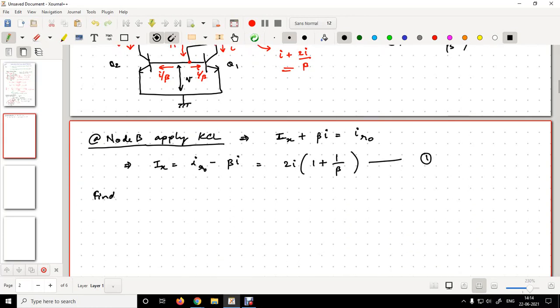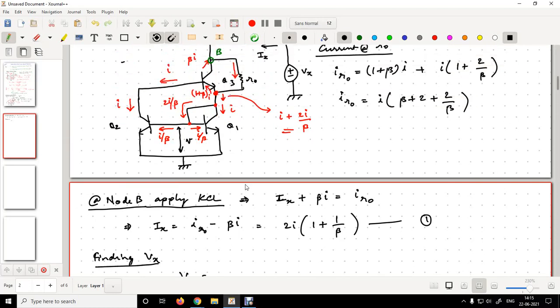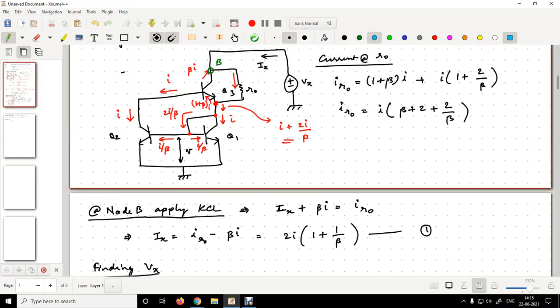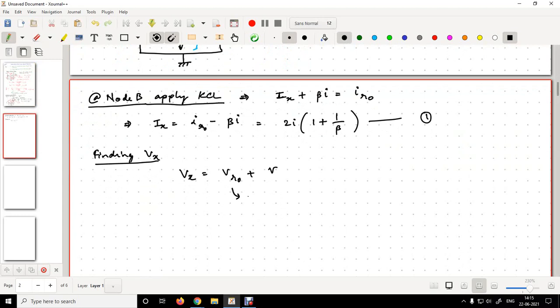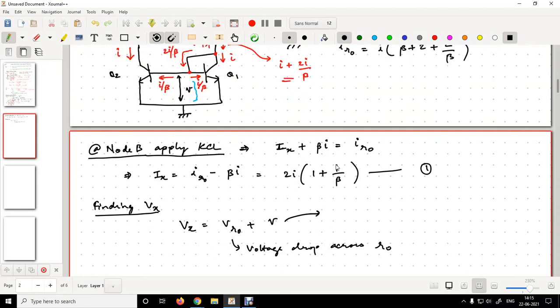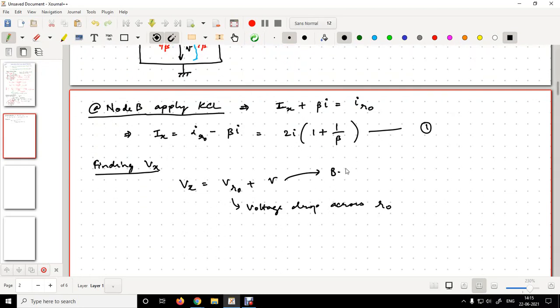Finding Vx: Vx is the voltage drop across R naught plus this small v. This is the voltage drop across R naught, and this is the base emitter voltage of Q1 and Q2.